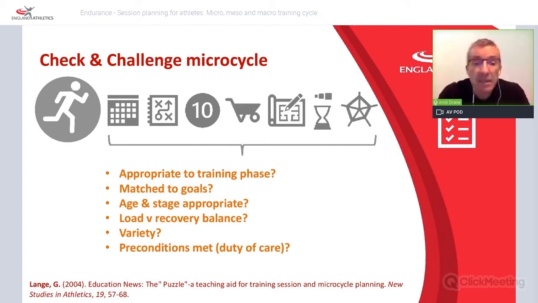For young athletes, that could be just a range of activities that's going to retain their interest so that they're enjoying their athletics. And actually, are we then ready for that week's training? So that's what I mean by preconditions. Are we robust enough to handle the volume, the intensity, the training load, as just one example.